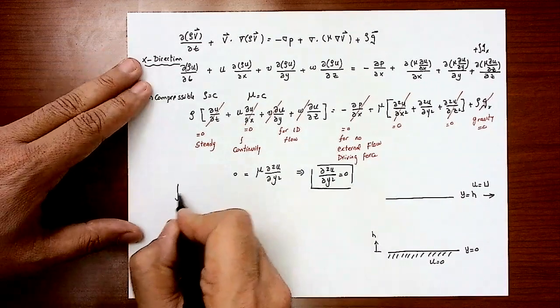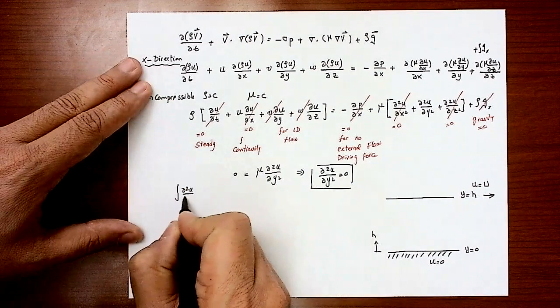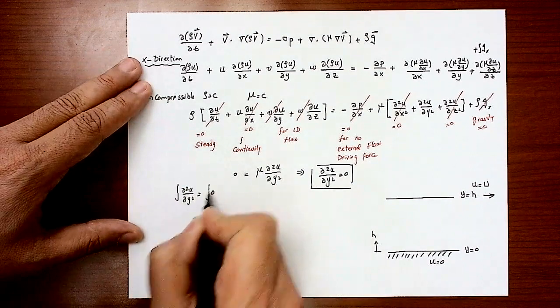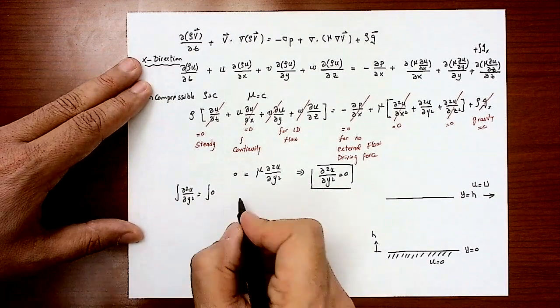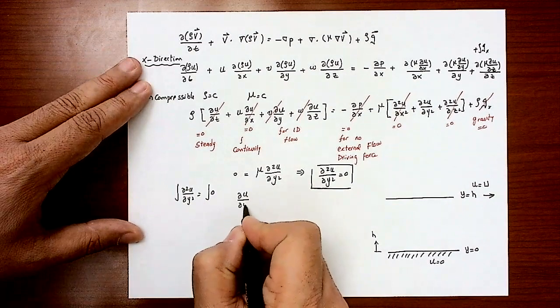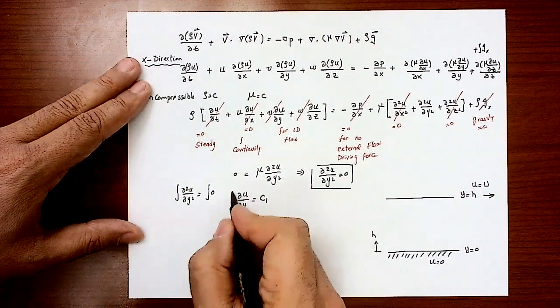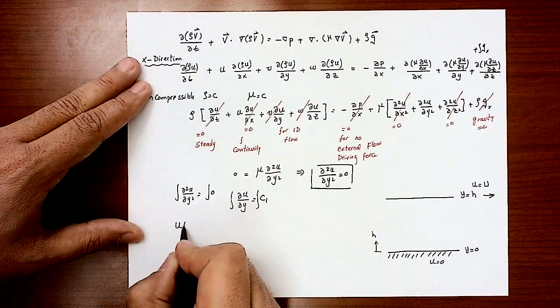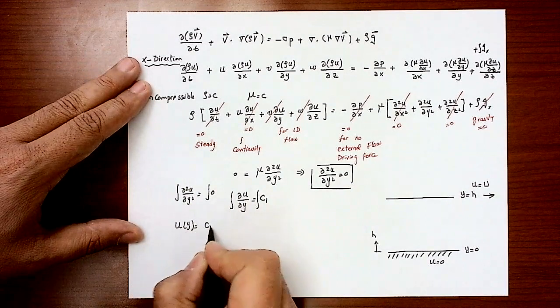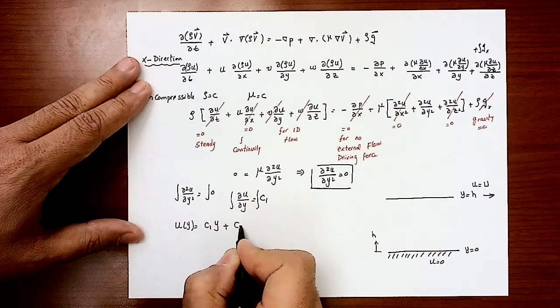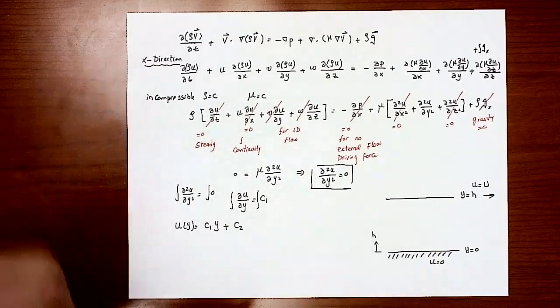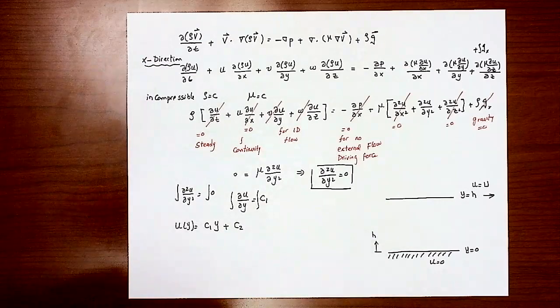So if I integrate partial squared U by partial Y squared, which equals 0, this will give me the first derivative: partial U by partial Y is equal to a first constant C1. Then if you integrate again, I'm going to have U as a function of Y equal to C1 Y plus C2. So the first observation here is that the velocity distribution comes as a linear equation.